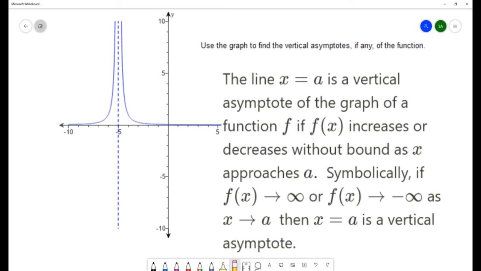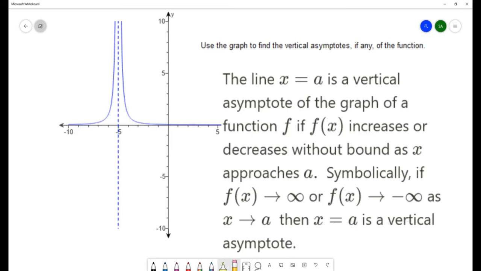The line x equals a is a vertical asymptote of the graph of a function f if f of x increases or decreases without bound as x approaches a. Symbolically, if f of x approaches infinity or f of x approaches negative infinity as x approaches a, then x equals a is a vertical asymptote.